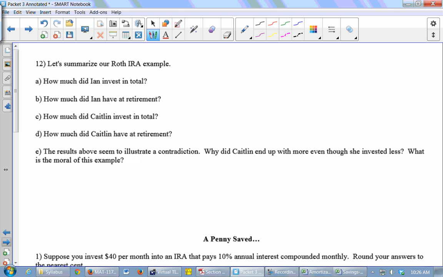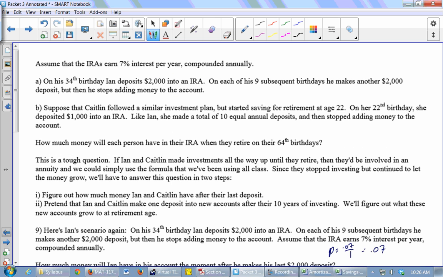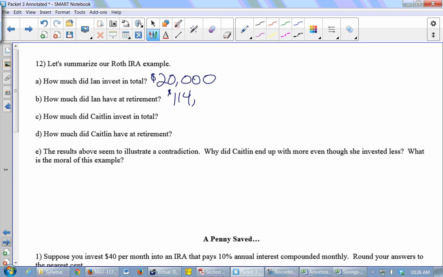It's not too late. Okay, so to summarize, how much did Ian invest in total? $20,000. He put $2,000 in for 10 years, right? At retirement, he had 114,415.70.